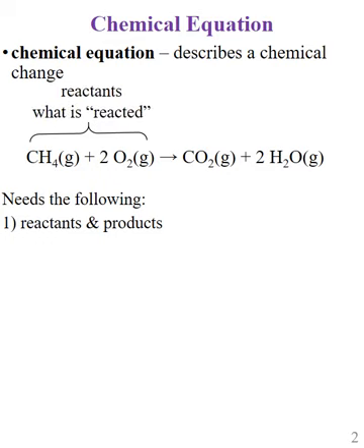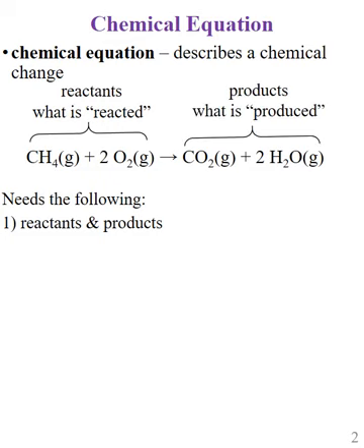So these are the reactants, and we can think of it as what is being reacted. So methane, gas, plus 2 oxygen molecules, which are gas, are reacted, and then they produce our products. So the products are what's being produced. So we get carbon dioxide and 2 water molecules.